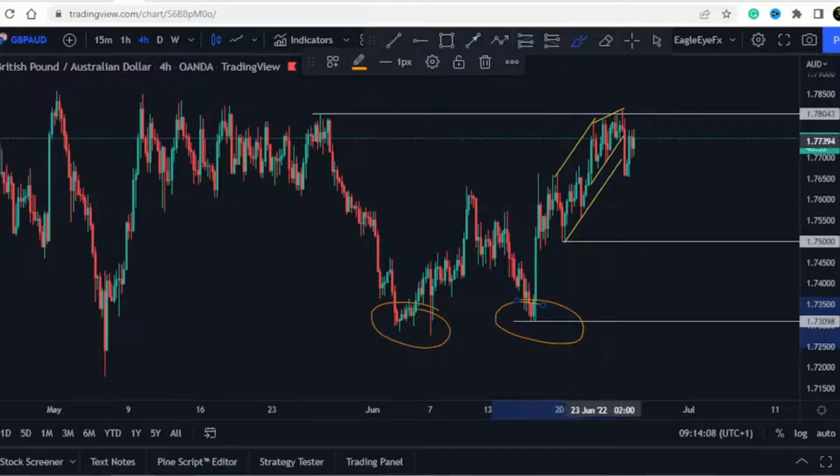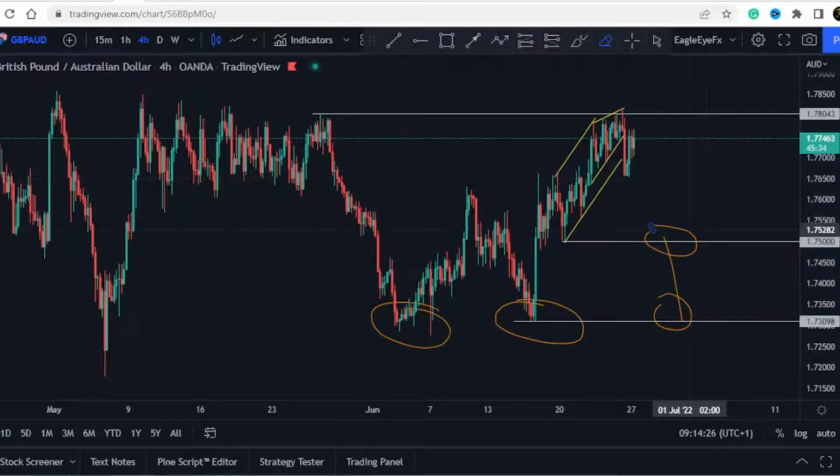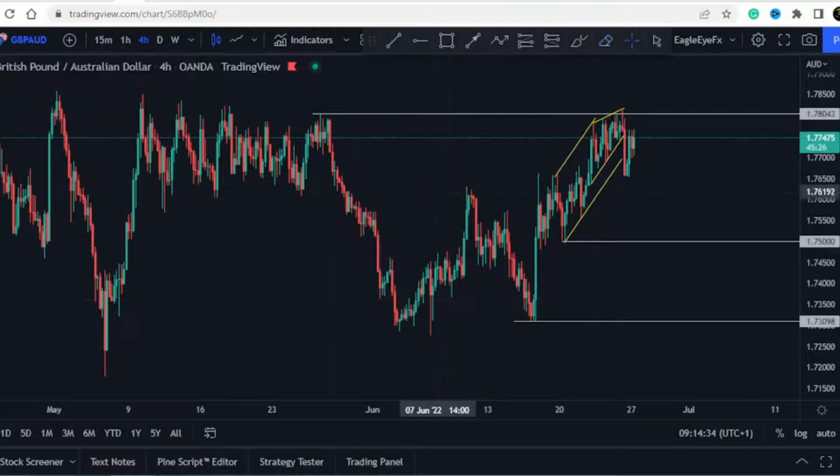Then it's been very corrective to the upside to this level over here. My anticipation is that this can easily come all the way to this level and give us a triple bottom before we see a push to the upside. That's what I am looking at on GBPAUD.